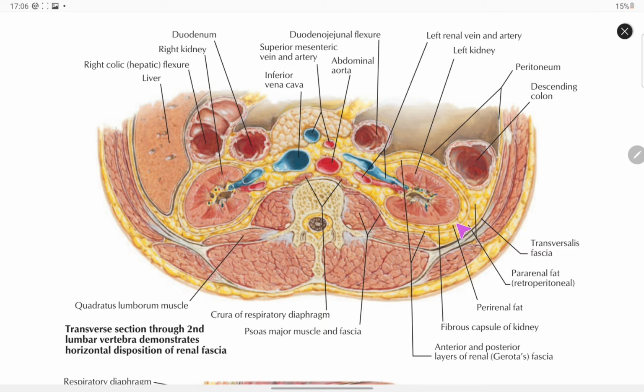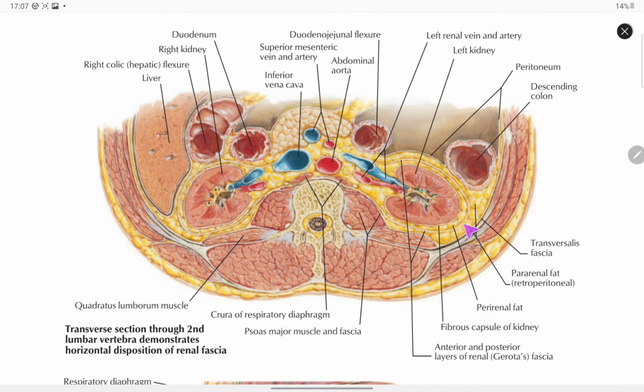Outside the fibrous capsule you have the perirenal fat. This is a layer of adipose tissue lying outside the fibrous capsule. It is thickest at the borders of the kidneys and fills up the extra space in the renal sinus.